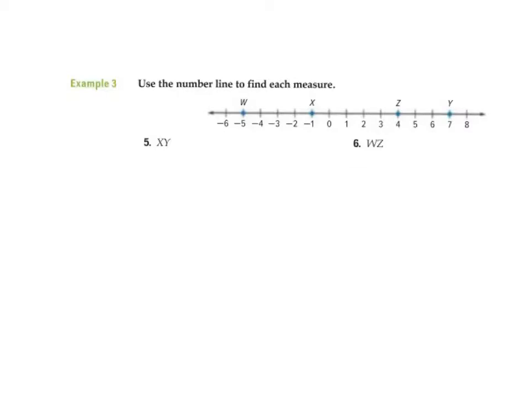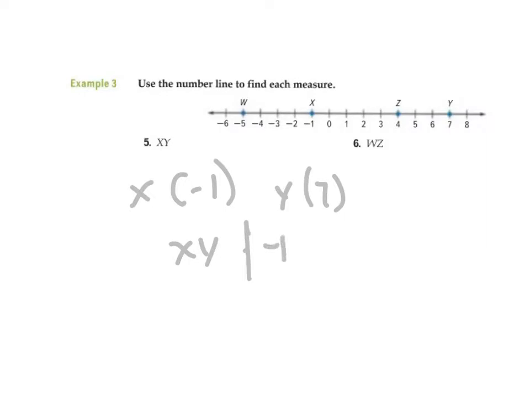We're going from X, so X is at -1, and Y we know is at 7, and we want the absolute distance from -1 to 7, so XY is going to be the absolute value of -1 minus 7. Okay, so you're going to add these two together. So basically it's from -1 to +7, which is going to give you 8 units.